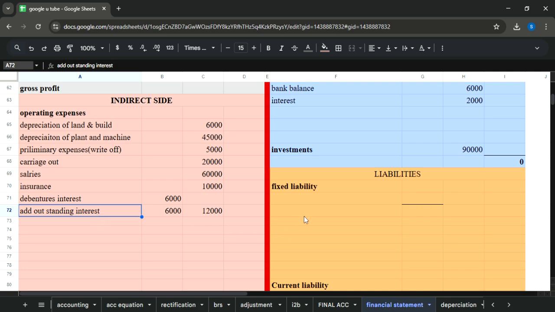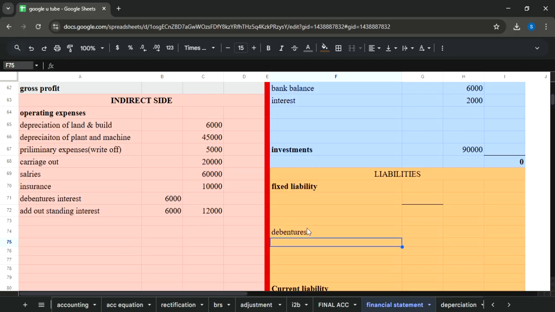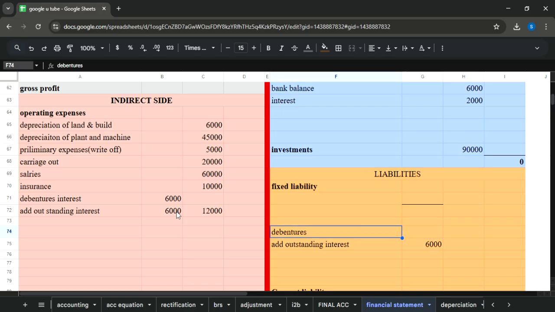Now come to the fixed liability side. Here you will mention debentures and then add outstanding interest, and this second column amount would be posted over here. As we have seen, the total amount of debenture was 2 lakh. So 2 lakh would be mentioned on the fixed liability side.